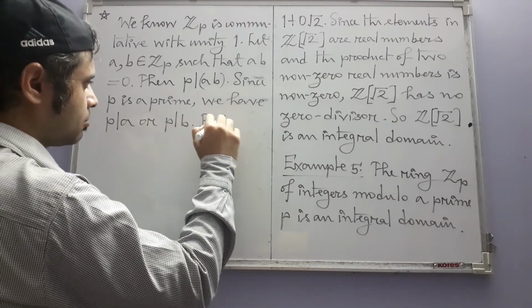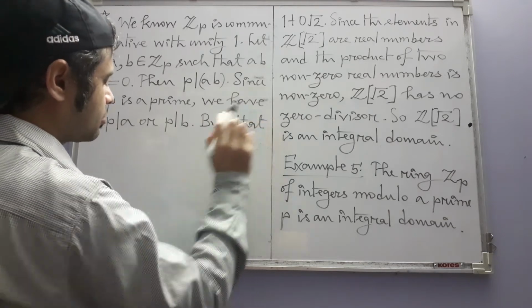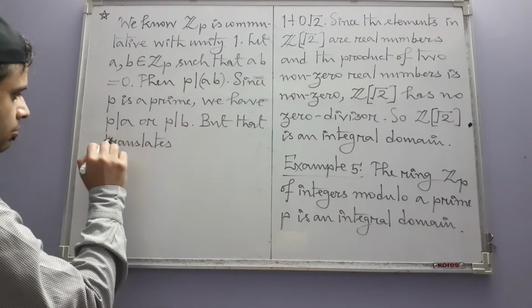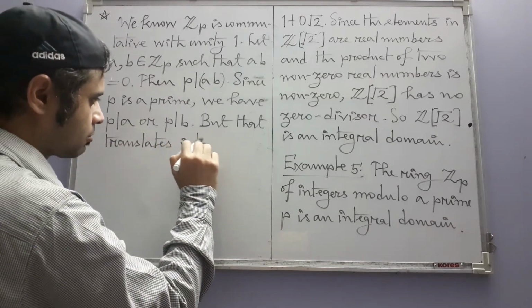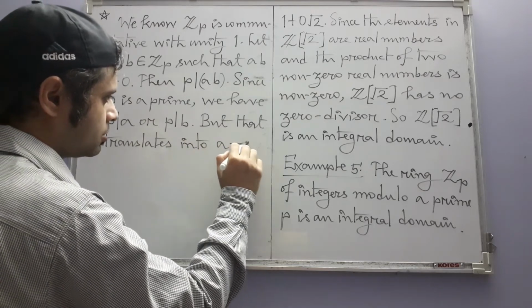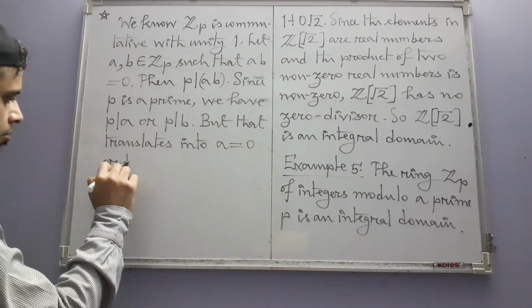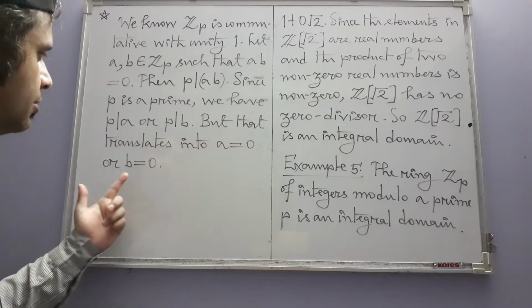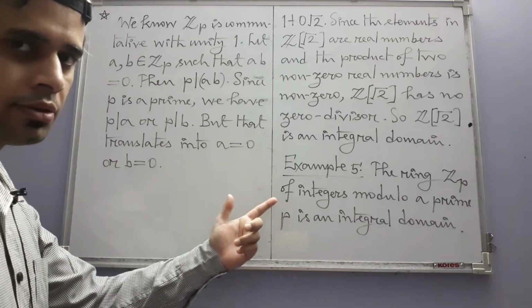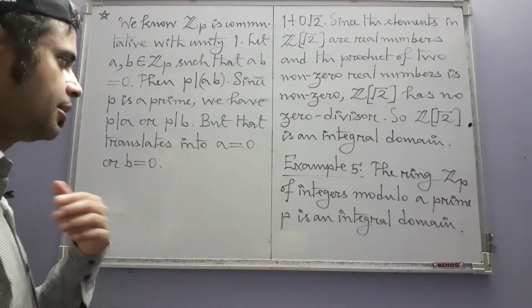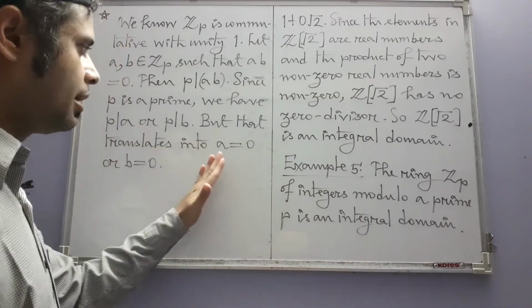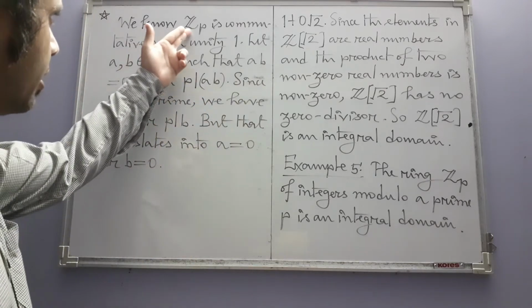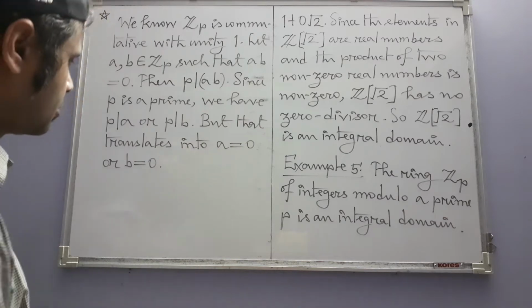But that translates into a equal to 0 or b equal to 0. So if ab is 0, then either a is 0 or b is 0. The contrapositive of this statement is if both a and b are non-zero, then ab is also non-zero, which means that our ring does not have a zero divisor.